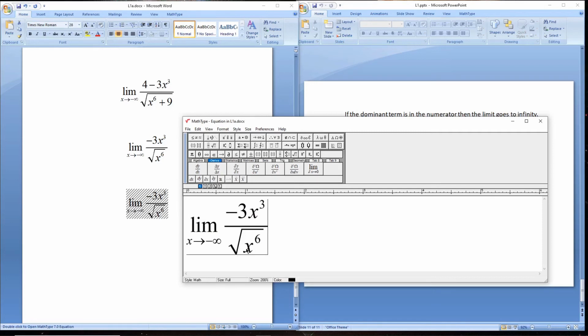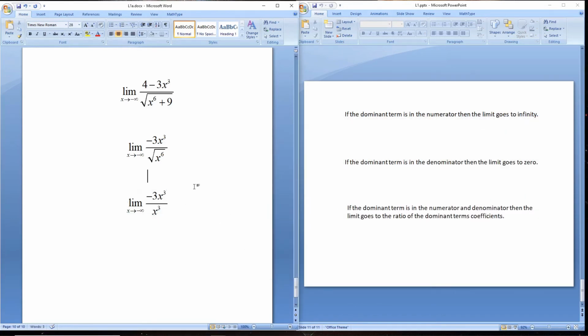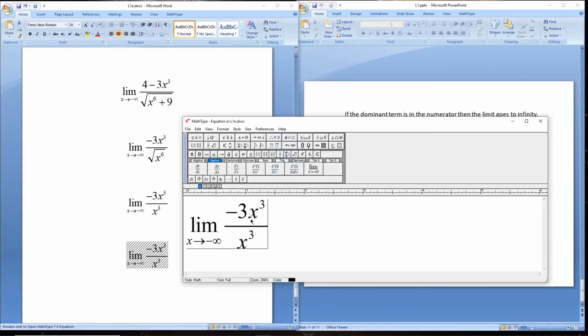And when you have an exponent raised to an exponent, it means you multiply. So 6 times a half, the square root of x to the 6 is x cubed. In other words, the dominant term in the denominator is not x to the 6. The dominant term in the denominator is x cubed. And now you can see these x cubes cancel.